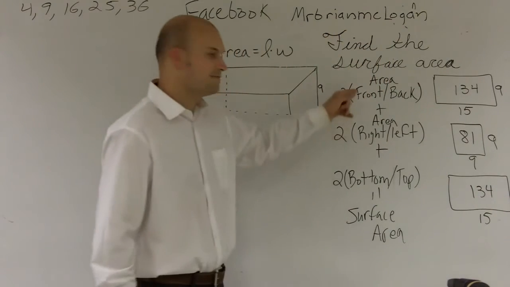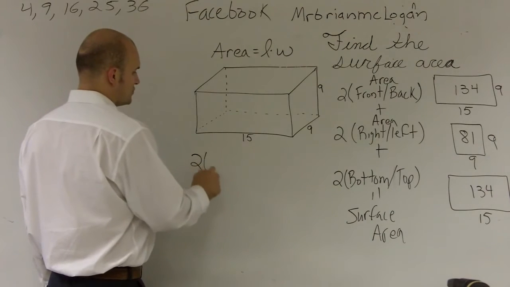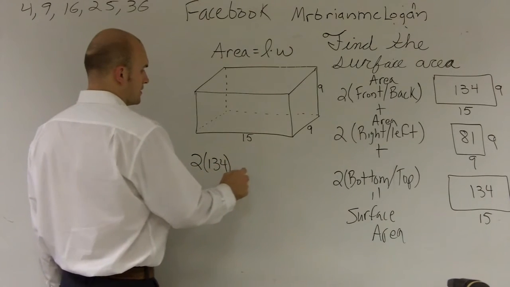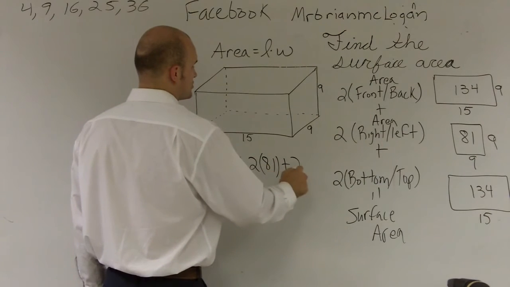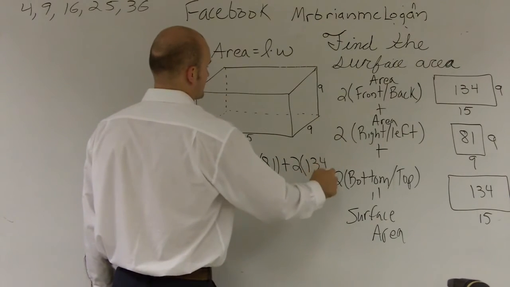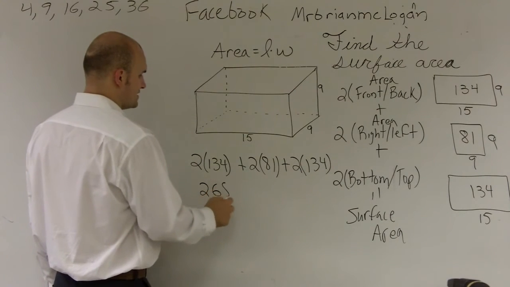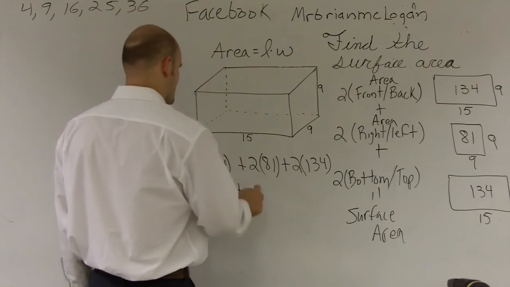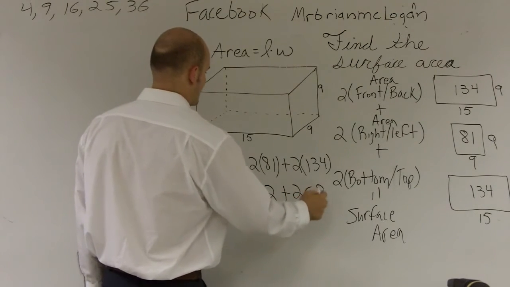But remember, I have to multiply each one of these by 2. So it's going to look like 2 times 134 plus 2 times 81 plus 2 times 134. 2 times 134 is 268, plus this is going to be 162, plus 268.